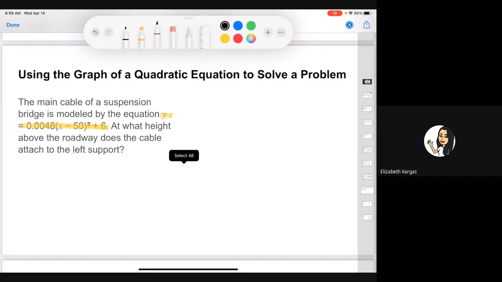Whenever the cable attaches to the left support, my x will be 0. And so basically I'm looking for my y. What is my y when my x is 0? So I'm just plugging in 0 for my x to find my y, my height, whenever that cable attaches to the left support.